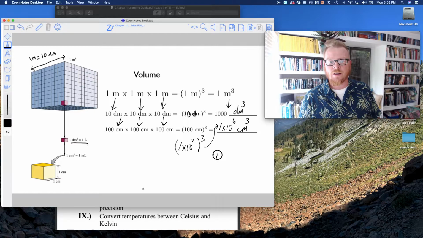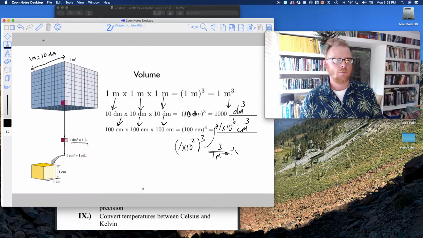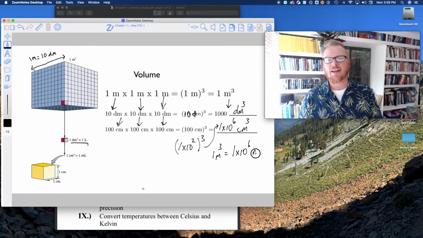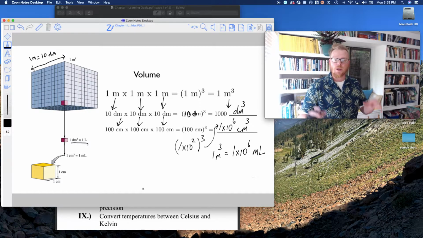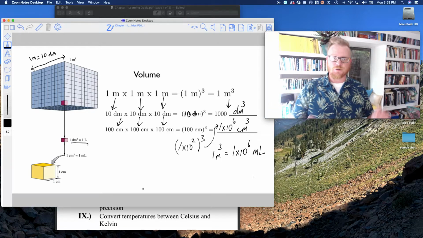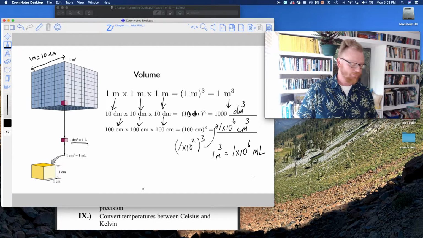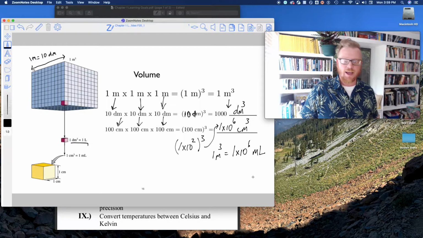So 1 cubic meter equals 1 times 10 to the 6th milliliters. So there's 1 million milliliters in 1 cubic meter. Okay? Great. So I think I can move on from there.